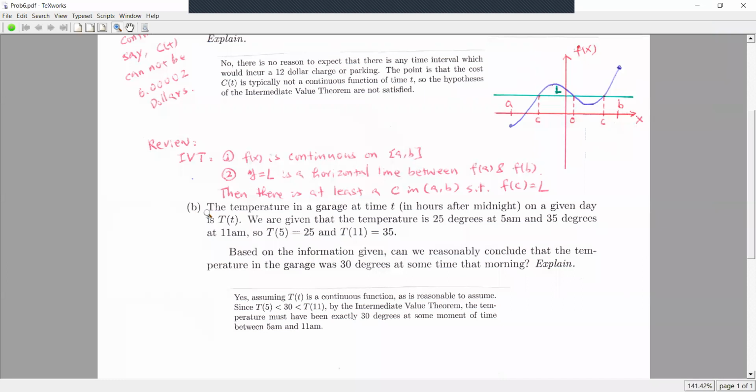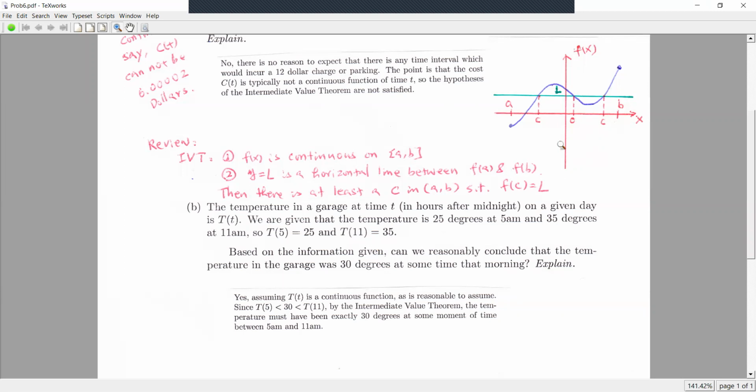Part B. The temperature in the garage at time t on a given day is B(t). We are given that the temperature is 25 degrees at 5 a.m. and 35 degrees at 11 a.m. So B(5) is 25 and B(11) is 35.